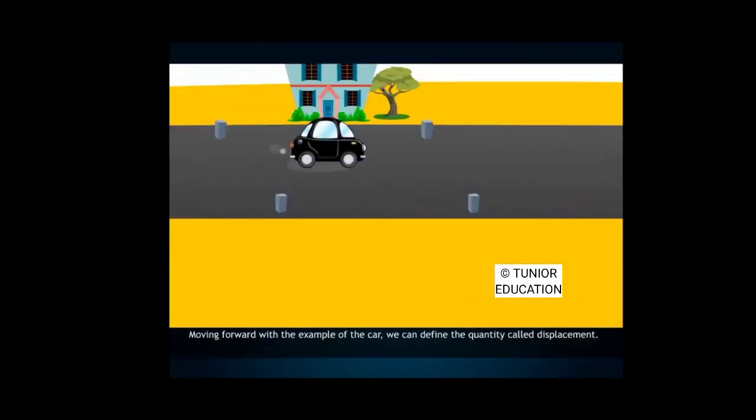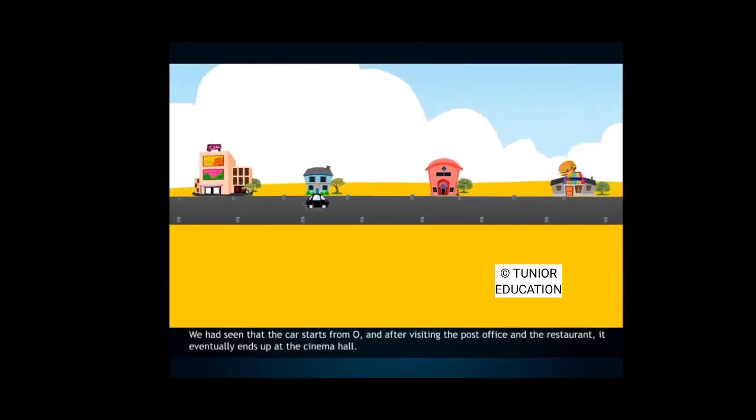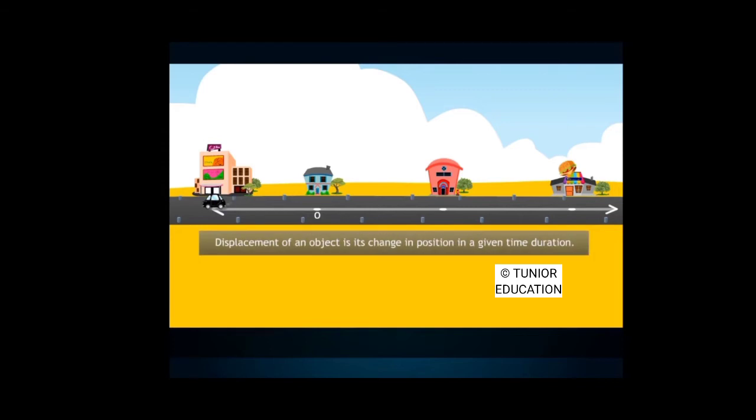Moving forward with the example of the car, we can define the quantity called displacement. We had seen that the car starts from O, and after visiting the post office and the restaurant, it eventually ends up at the cinema hall. Displacement of an object is its change in position in a given time duration.